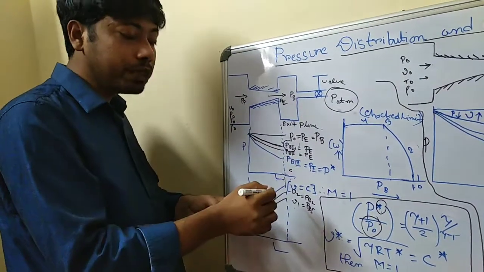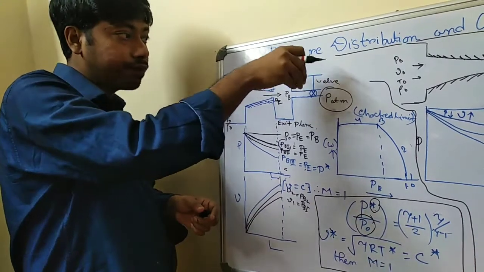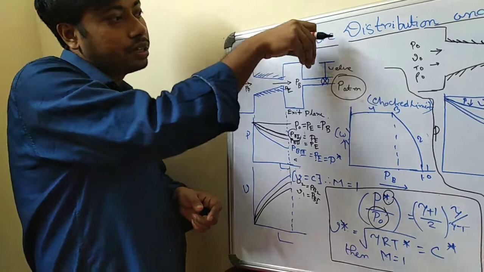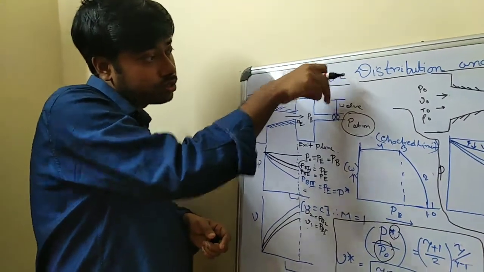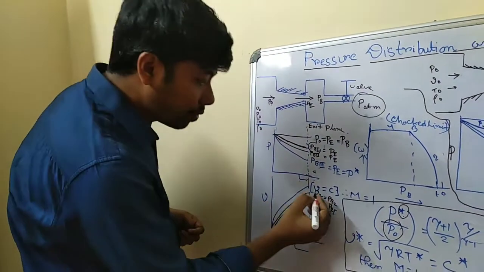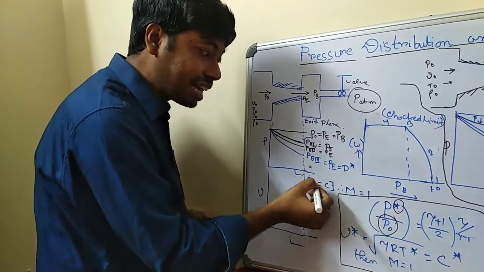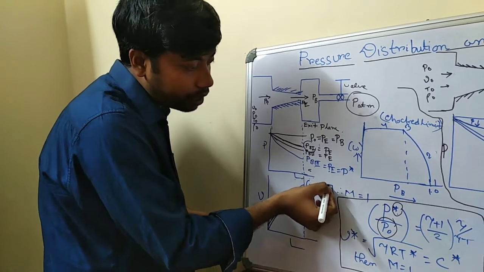Again, if you reduce the value of PB, the back pressure, the flow velocity will also increase, and that will become equal to the velocity of sound.